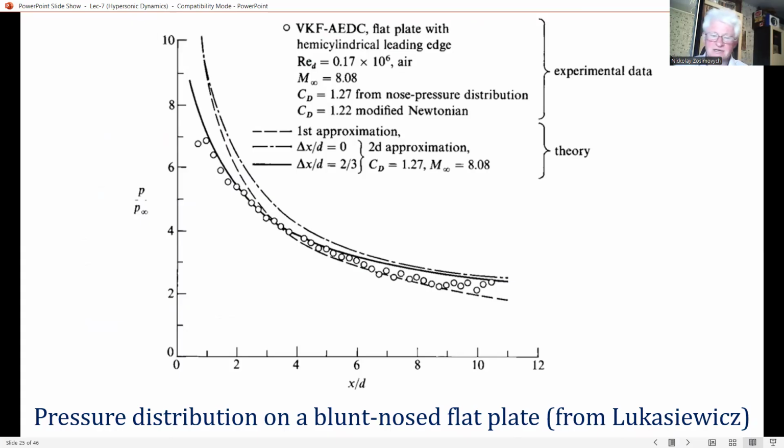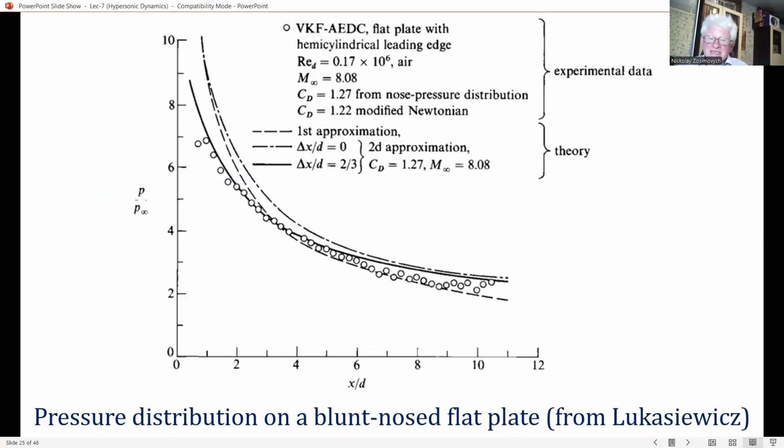In these figures, results are given for the pressure distribution over a flat plate with a cylindrical leading edge. But you should note that the first approximation compares more favorably with the wind tunnel data than the second approximation.